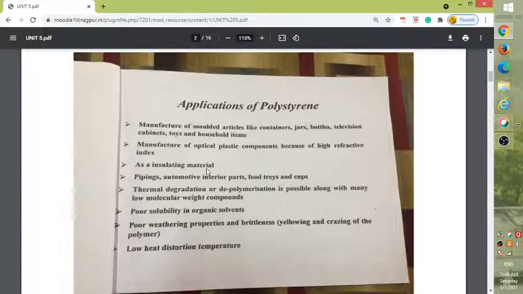As an insulating material also it is used. Piping, automotive interior parts, food trays and cups. Thermal degradation or depolymerization is possible along with many low molecular weight compounds. Poor solubility in organic solvents, poor weathering properties and brittleness, yellowing and crazing of the polymer, low heat distortion temperature.